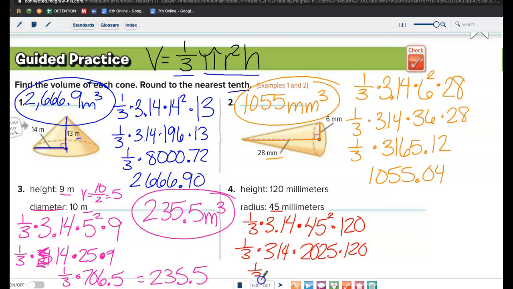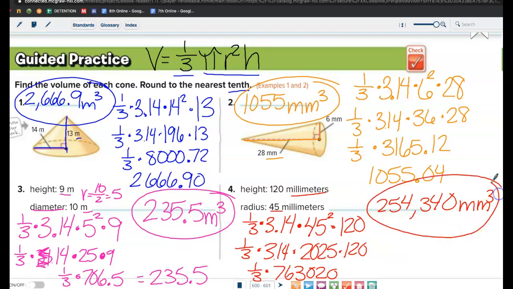I get 1/3 times 763,020, which is the same as dividing by 3. So I get a final answer of 254,340 millimeters cubed. All right, so those are the first 4. We are going to keep going though.